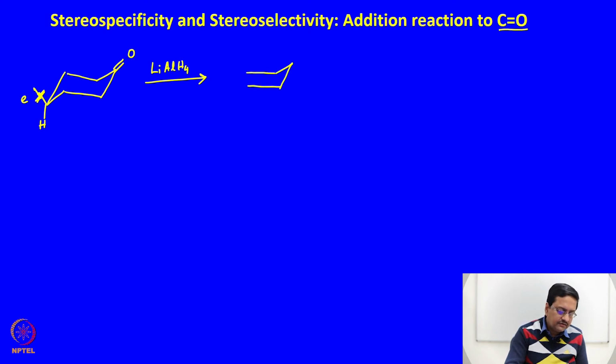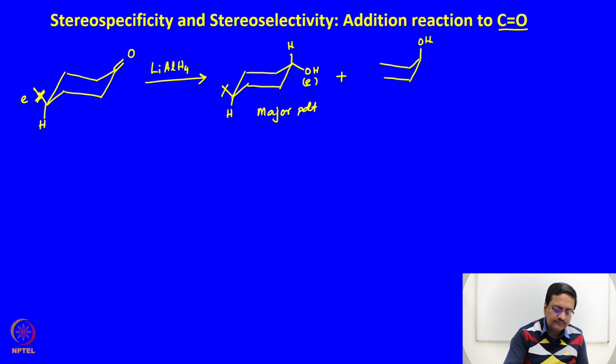The product is a cyclohexanol derivative, and we see in this reaction that the OH in the equatorial position is the major product, while the other possibility, that OH is in the axial position, is the minor product.